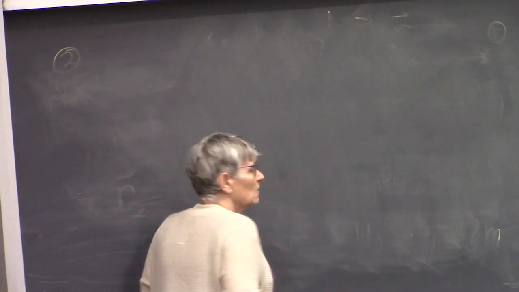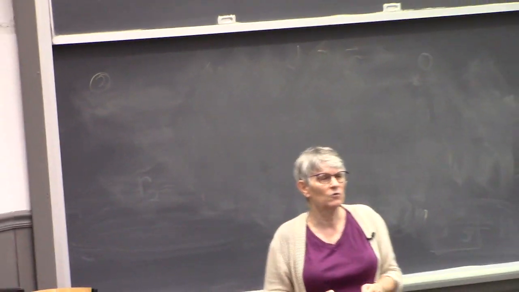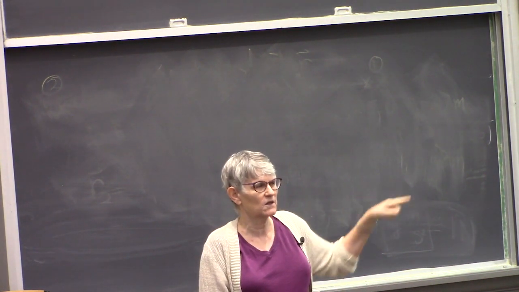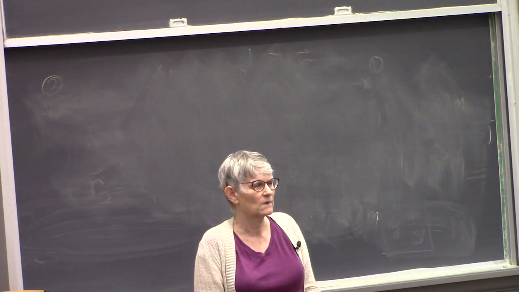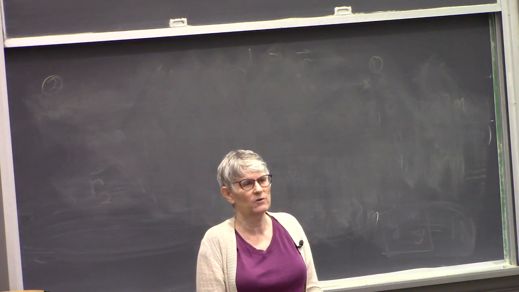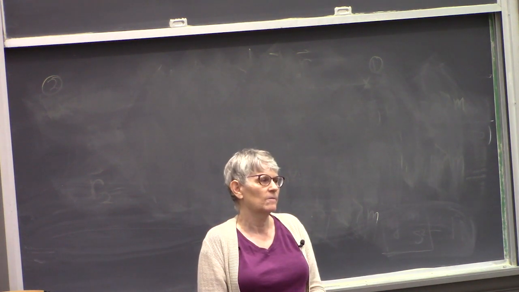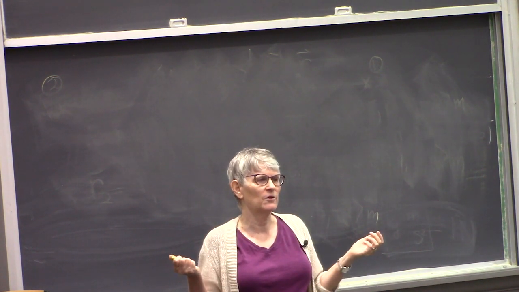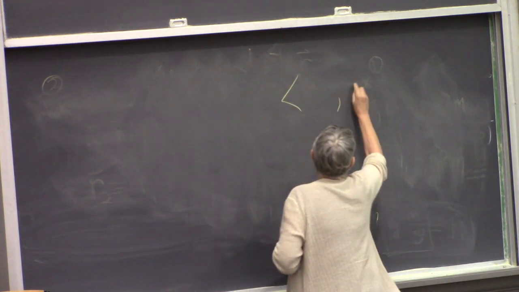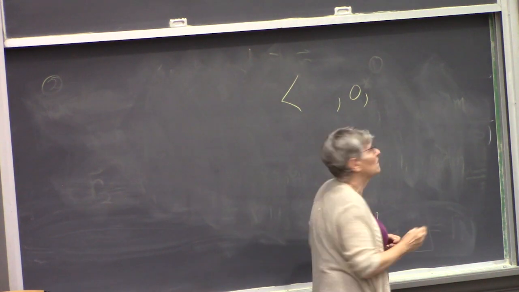So, what do you think a unit vector would be that points along the x-axis? What would the components of a unit vector that points along the x-axis be? So what's the y component? 0. What's the z component?